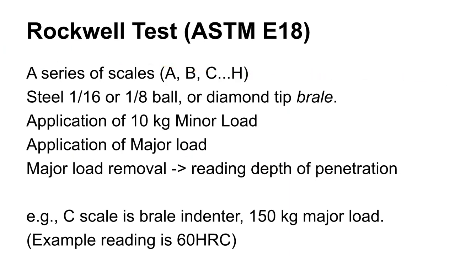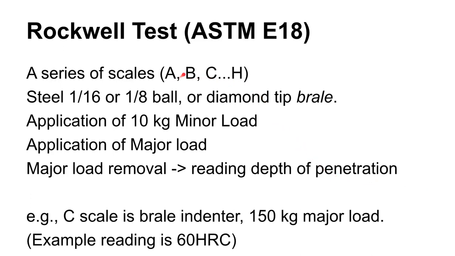All right, now the Rockwell series of tests are hugely popular, and in the world of tool steel, the Rockwell C scale is pretty much the go-to standard. Just understand there's not a single Rockwell hardness. Most of the time, if somebody's talking about Rockwell hardness as if there's only one, they're probably talking about C, but not necessarily.